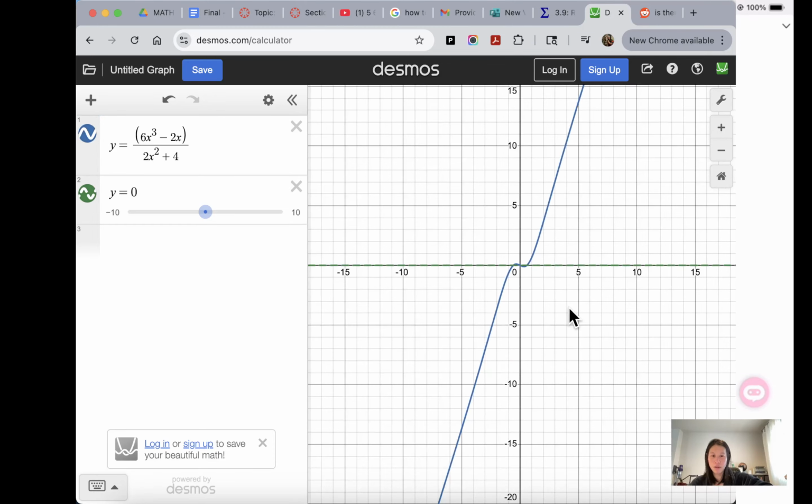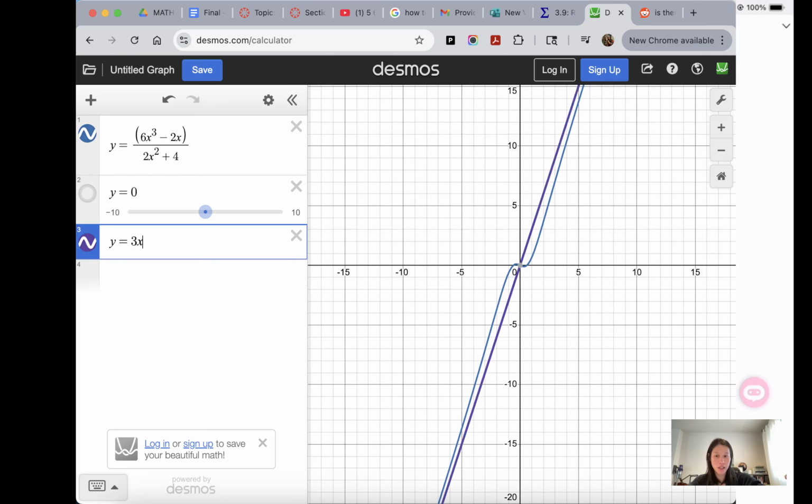What does the graph look like as x approaches infinity? Well, the graph goes up like a straight line, and if x approaches negative infinity, y also goes down along this line. What's this line? This line looks quite like 3x, right? It looks similar to 3x, which is the leading term ratio.